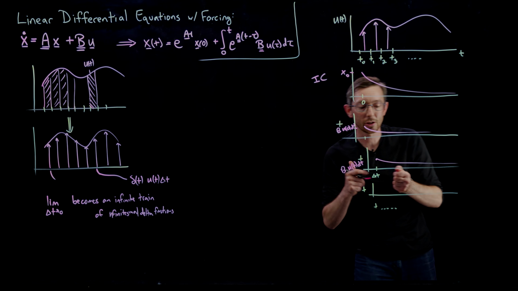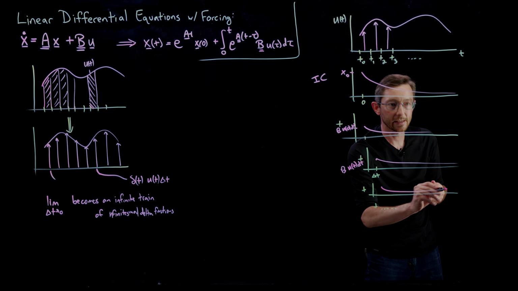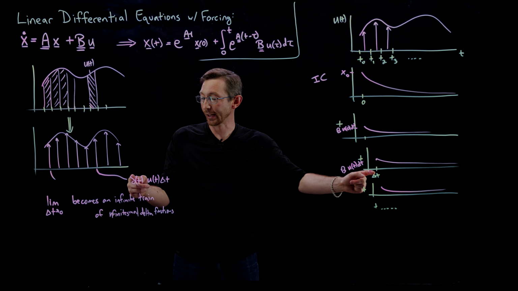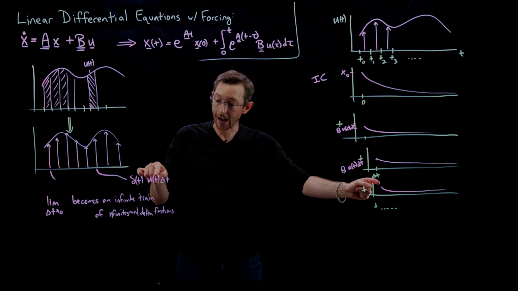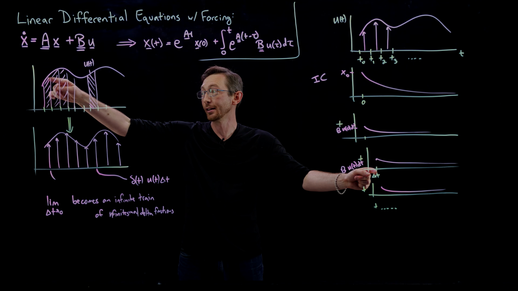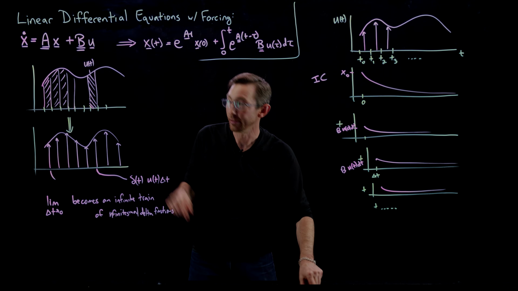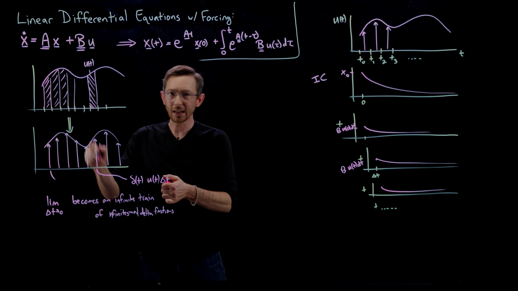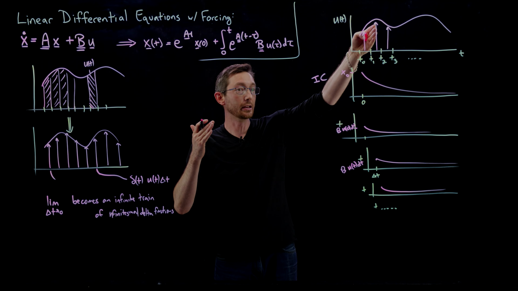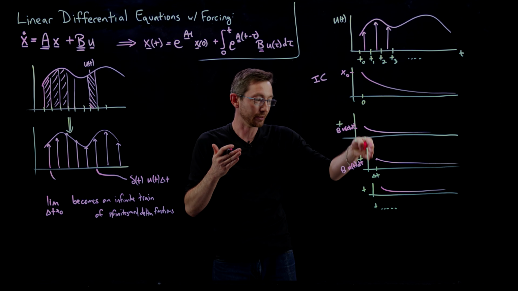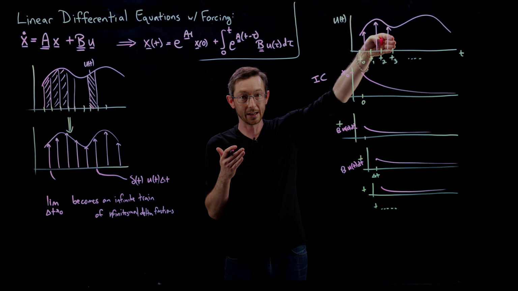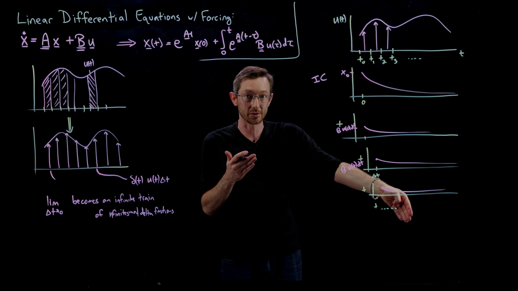And so I'm going to get a bunch of these shifted trains of impulse responses where each one has magnitude u at that instant in time times dt. That's the area of u of t. This is how much is in each of these little continuous impulses. Each is adding a little bit to my initial condition, at the next dt, and the next dt, and the next dt. I get all these impulse responses.